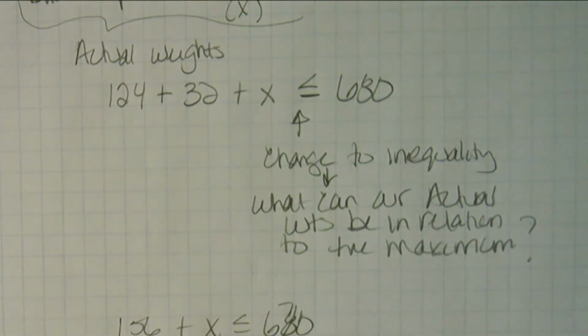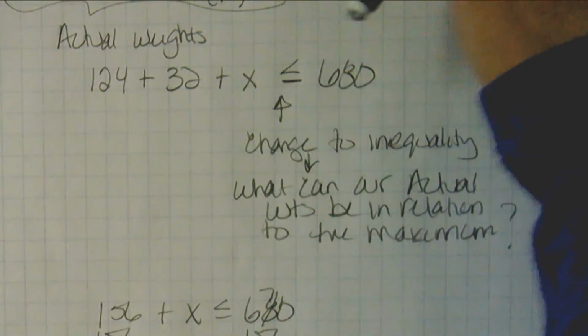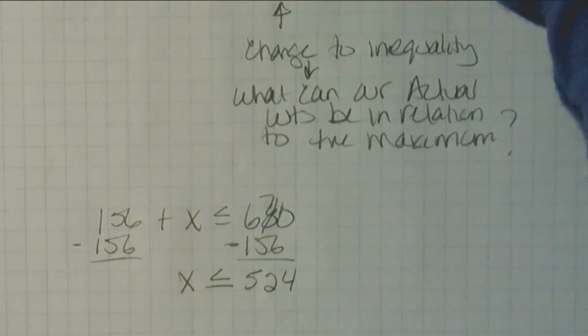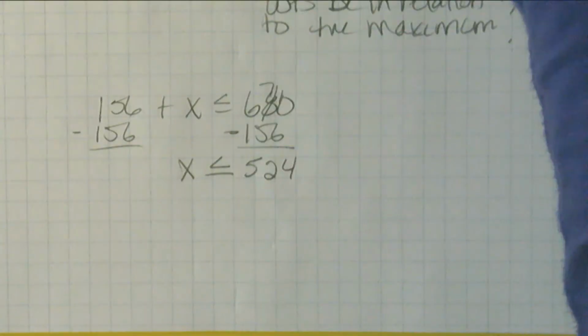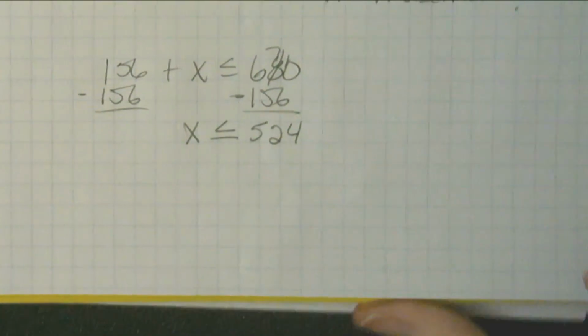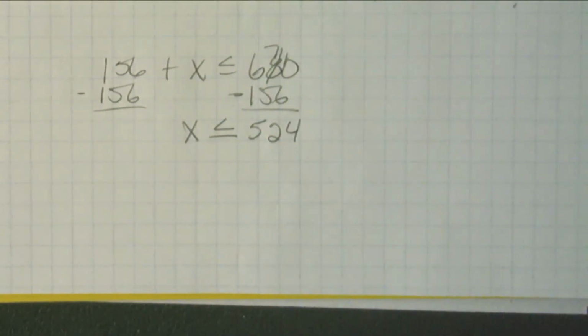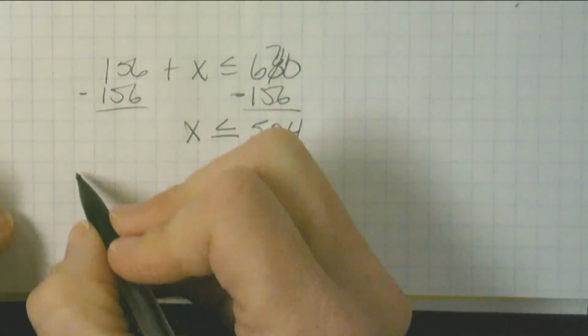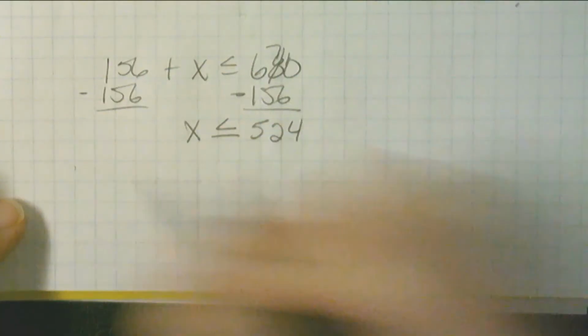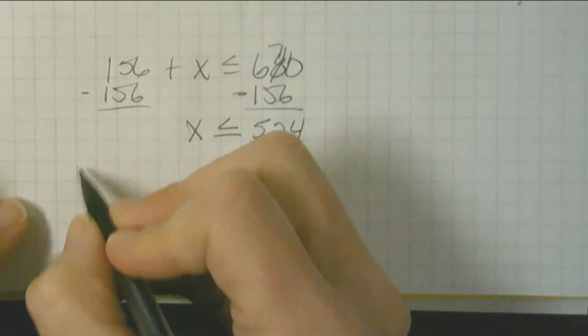How many of you guys got x is less than or equal to 524? Awesome. What does that mean? Remember, you have to explain your answers, particularly with inequalities. What does that mean? Colin? Excellent.